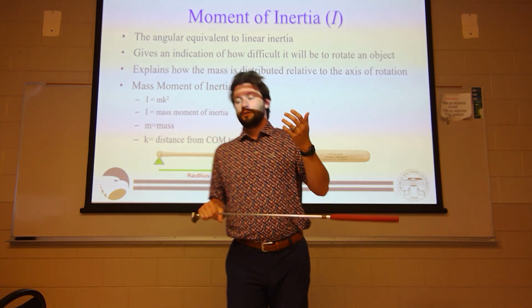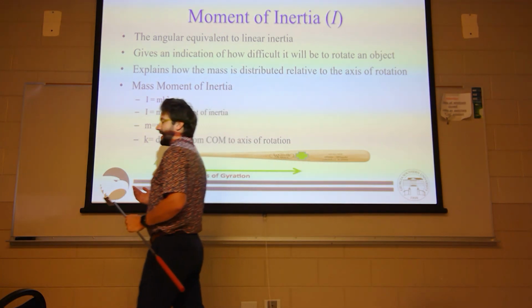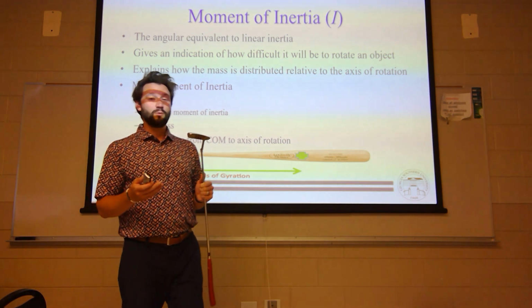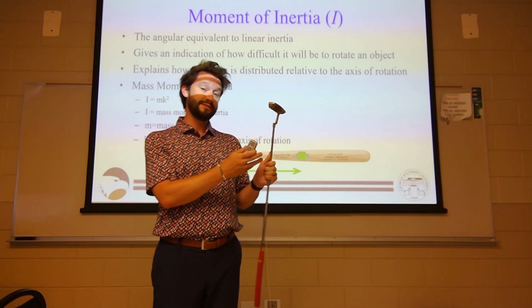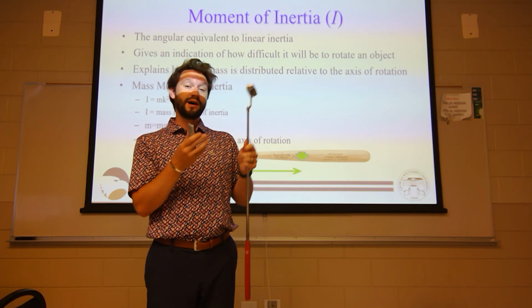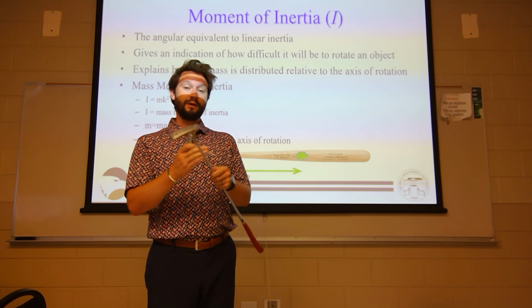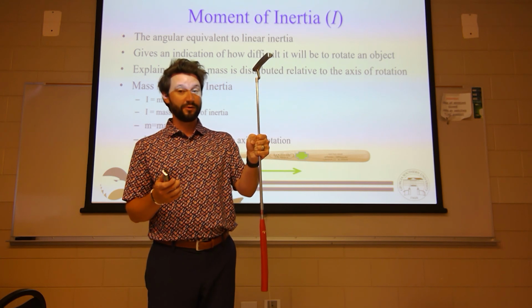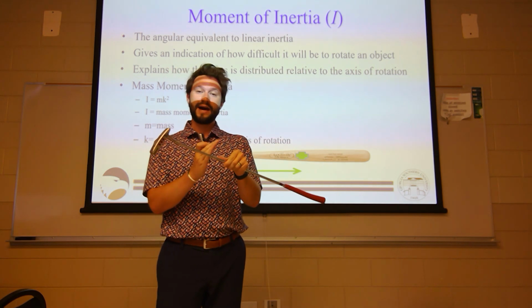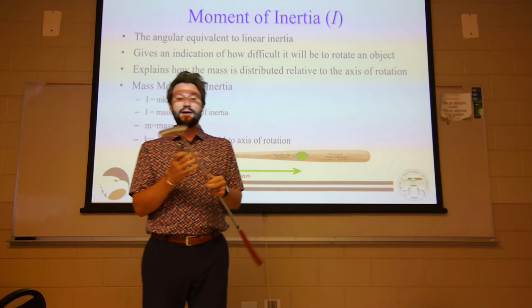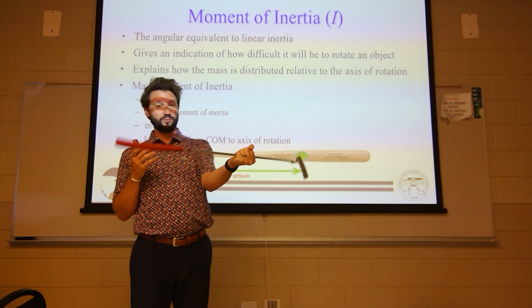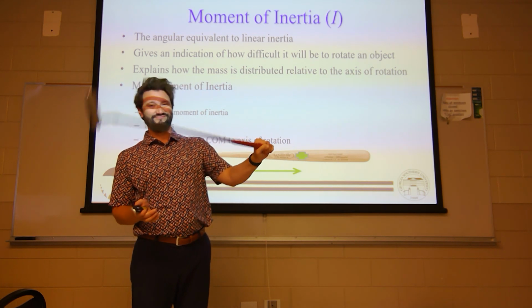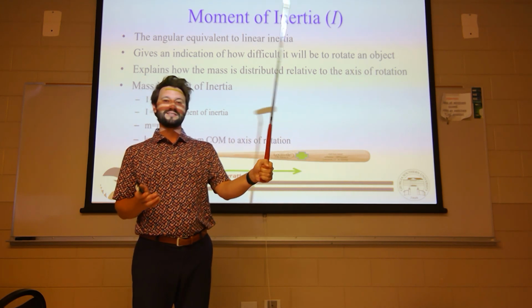And so when we choked up and we changed the hand position of the object that we were holding, we were actively changing where the axis of rotation was on an object, and because of that, we are altering that radius of gyration, again, the distance from axis of rotation to that center of mass of the object. And that made it depend whether this felt pretty easy to rotate or harder to rotate, okay, based on moment of inertia being manipulated.